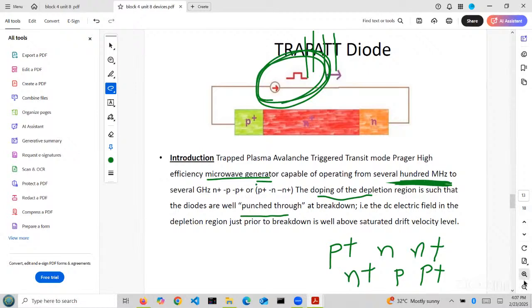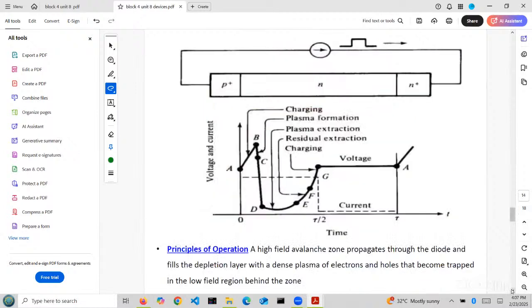We will see this one in the next slide. See this slide. See this figure. What happens from A to B in this figure? From A to B, the diode conducts, or I am calling it the capacitor is charging.